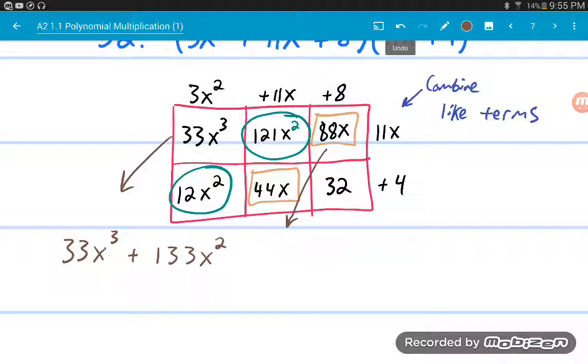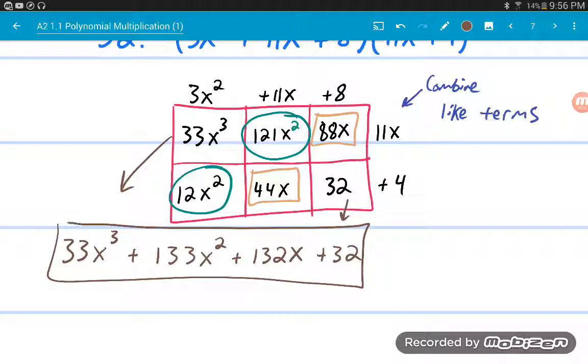Bring these guys out. 88 plus 44 is 132x, plus 32. And that's my final answer.